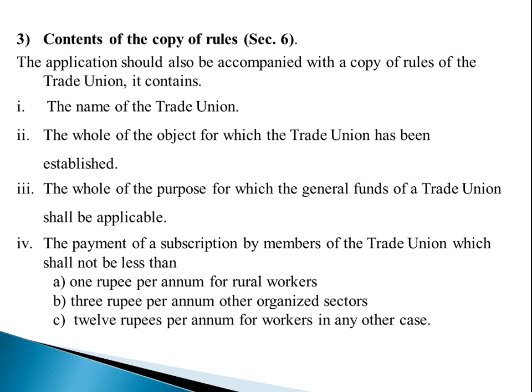By collecting this money, they will meet the needs arising out of the industry. That is, if they want to raise a fund, this trade union fund can be utilized by the members in the union. For that reason, the payment is given as subscription by the members of the union.